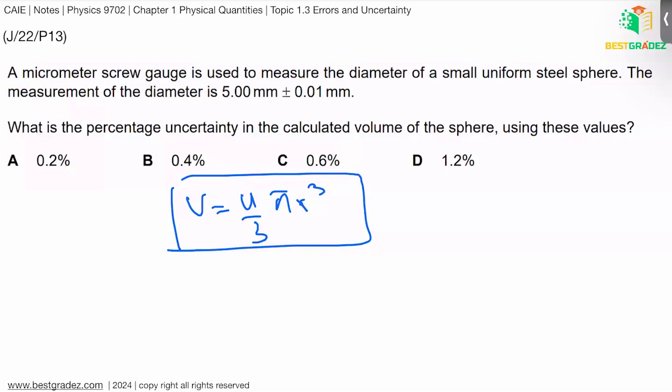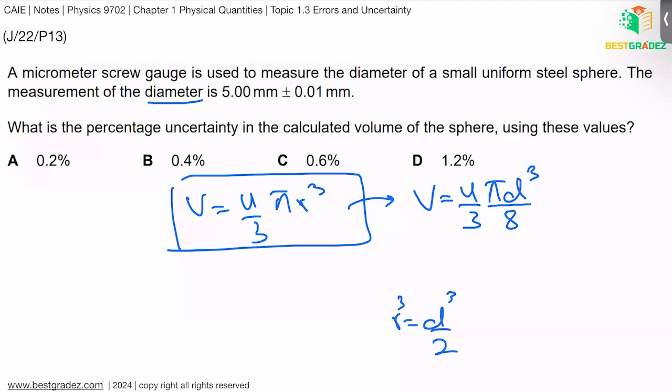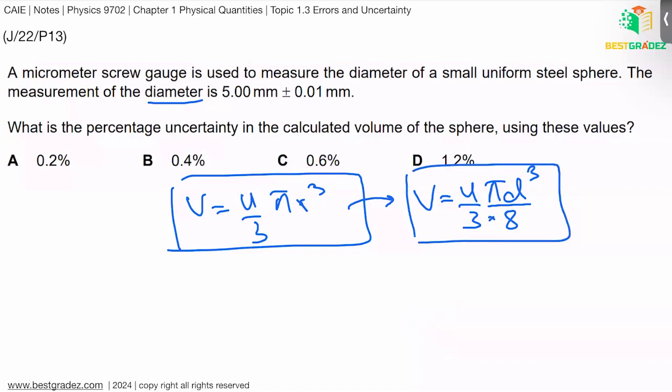Okay, so preferable is that rather than sticking to this radius formula, if data is in diameter, it's more appropriate that the formula is also in terms of diameter. In terms of diameter, an 8 comes in, because radius is diameter by 2. So when you take the cube to replace, it becomes d cube by 8. So my suggestion is that you use this formula, 4 by 3 into pi d cube by 8.